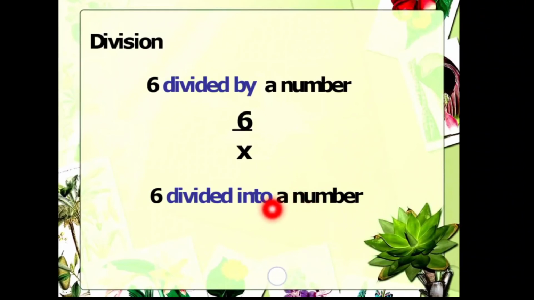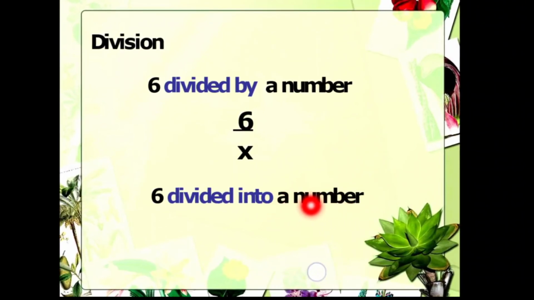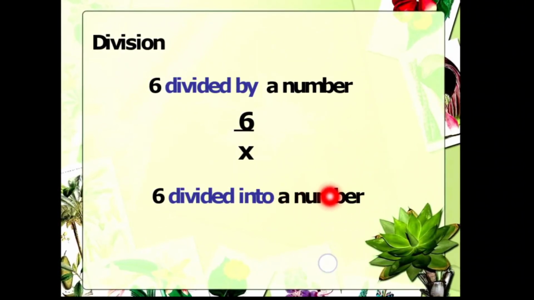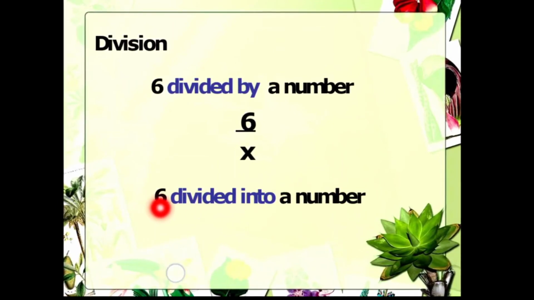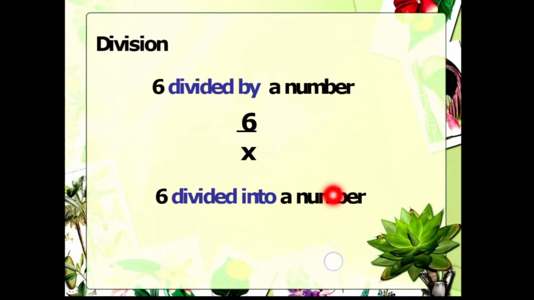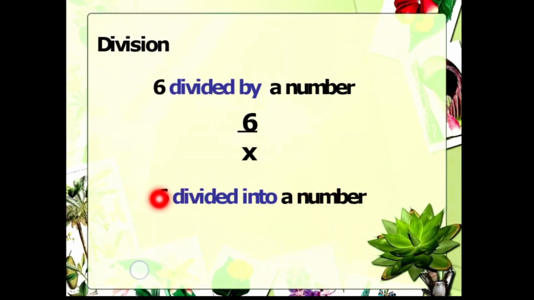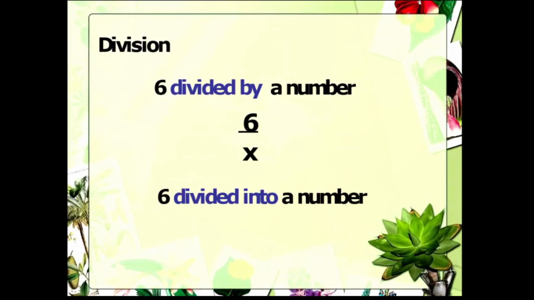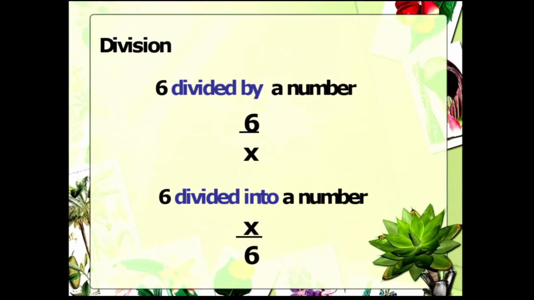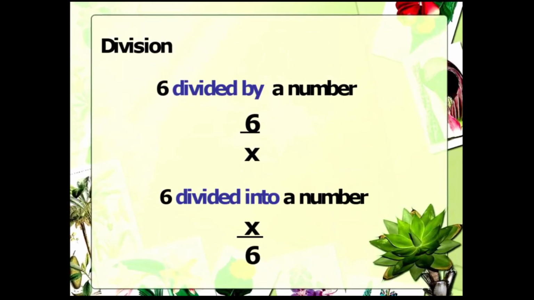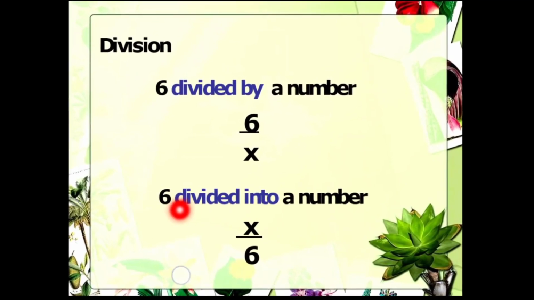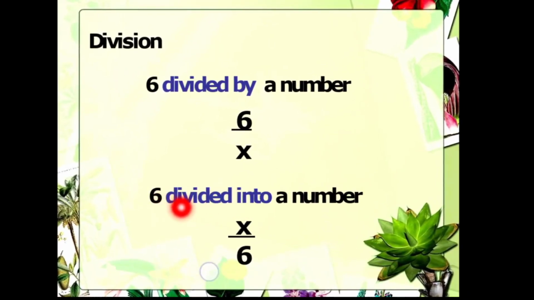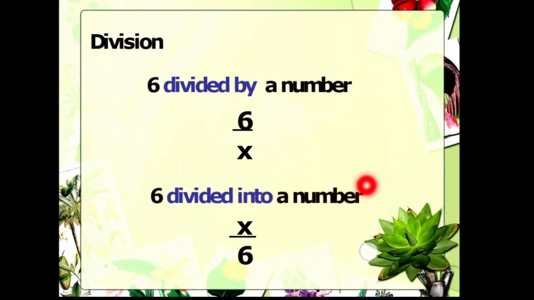In this case, we will start from the number, then divided by 6. As you can see, we will go to the left. So, a number divided by 6, which is x over 6. When our clue word is divided into, we will start from right to left.